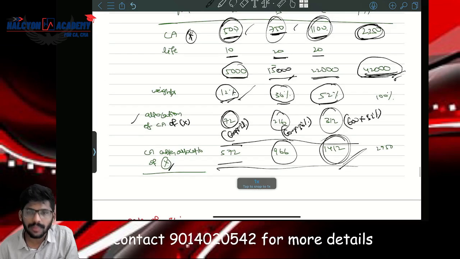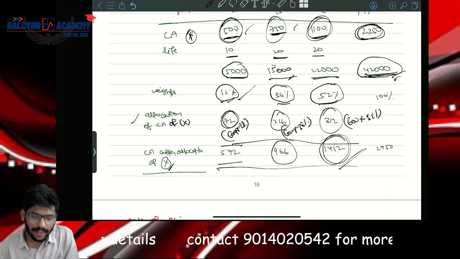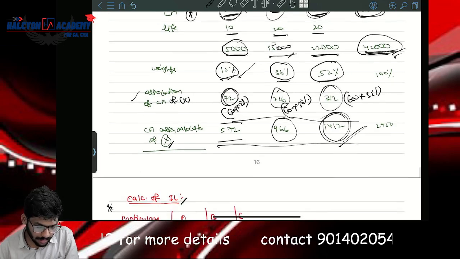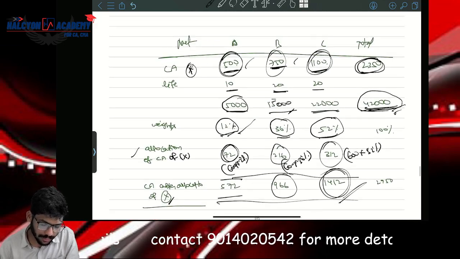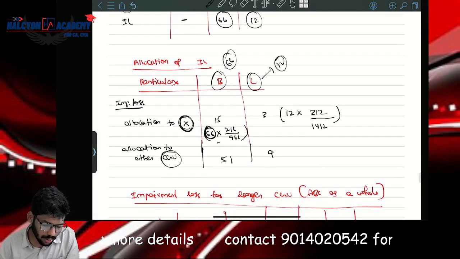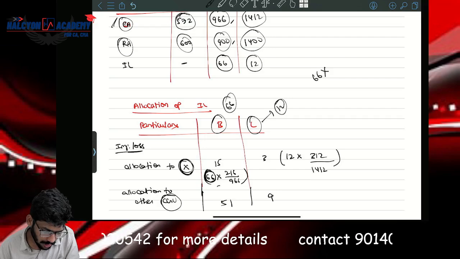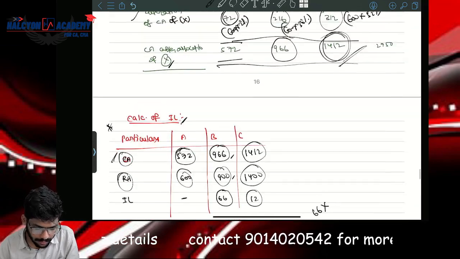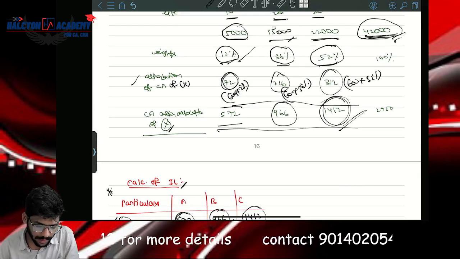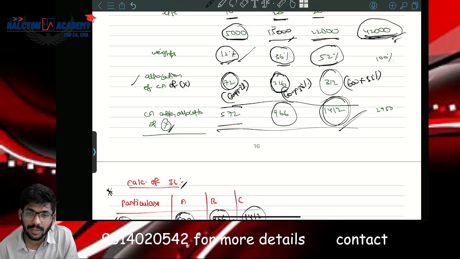See, you are allocating impairment loss to the corporate asset, so you should calculate the percentage on the basis of carrying amount. In the given question, in case of B, 66 is the total impairment loss. The carrying amount of the corporate asset is 216.